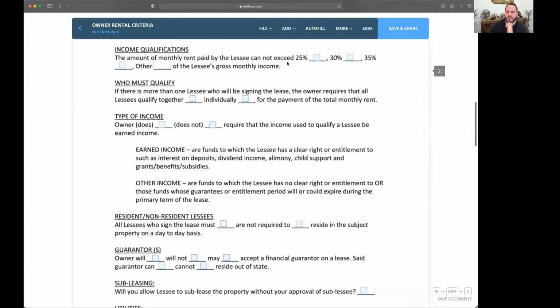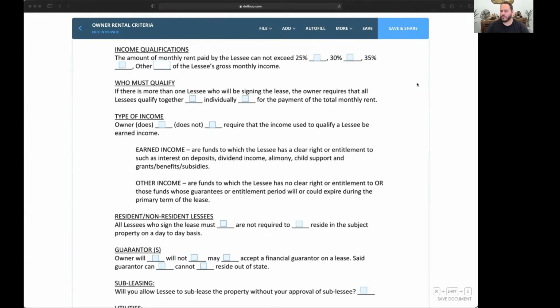Income qualifications: this is how some landlords like to determine if it's a good tenant or not. They need to make a certain amount beyond what the actual rent is. So let's say you have 25%: the rent can't exceed 25% of their total monthly income.